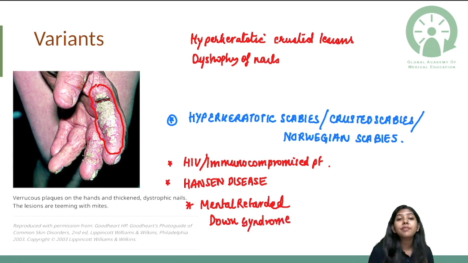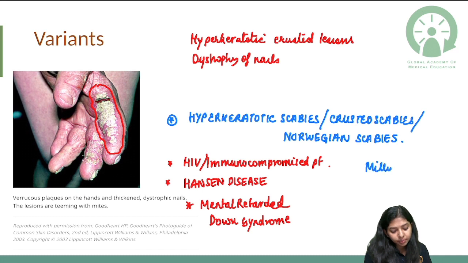These are patients who are affected by Norwegian scabies. Now what happens is you get hyperkeratotic crusted lesions and you get millions of mites in these patients, millions of mites. Okay, and there is absence of itching.